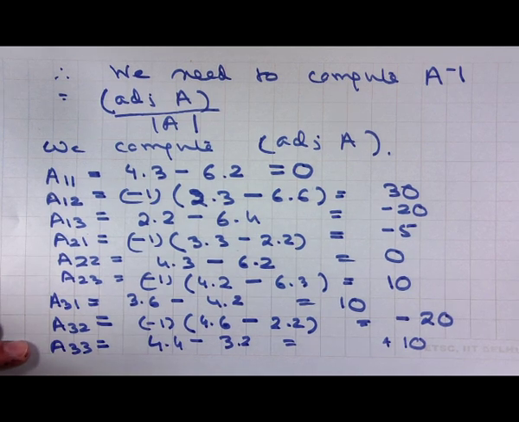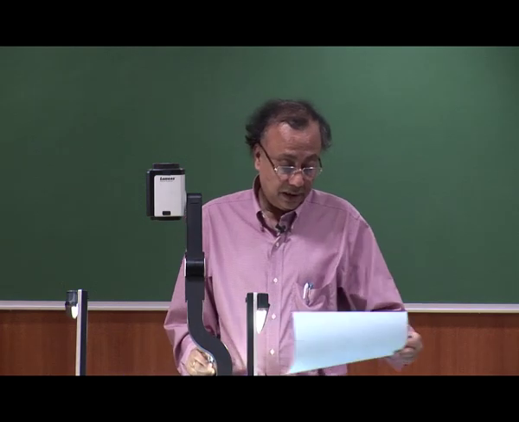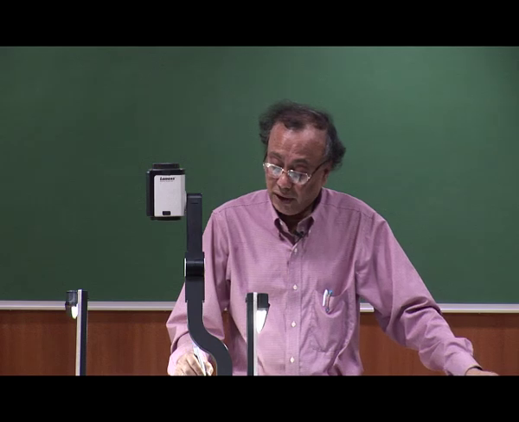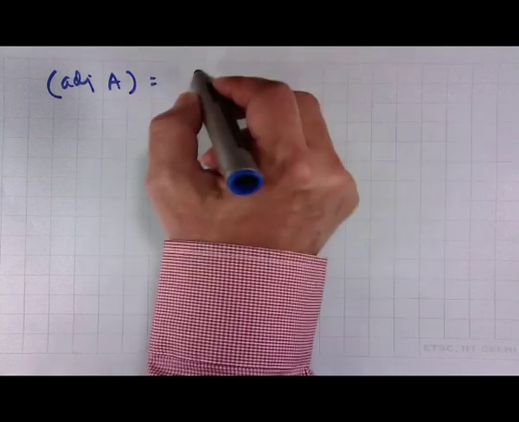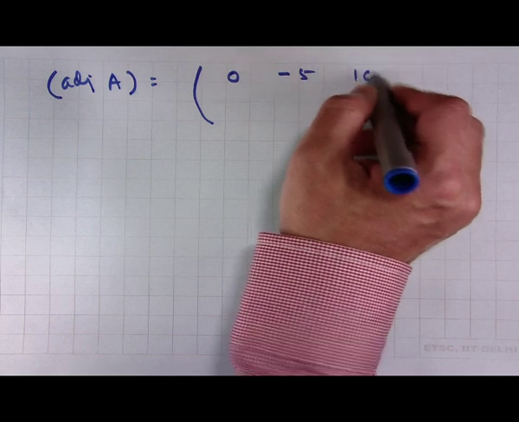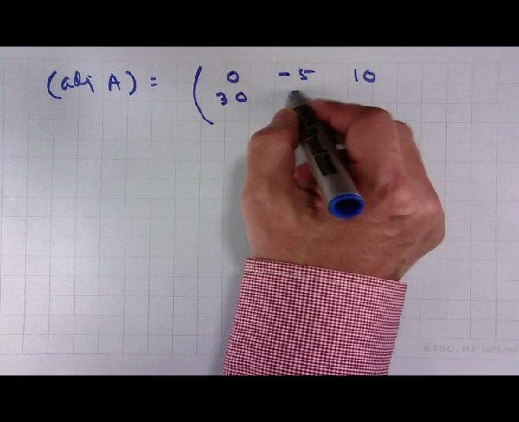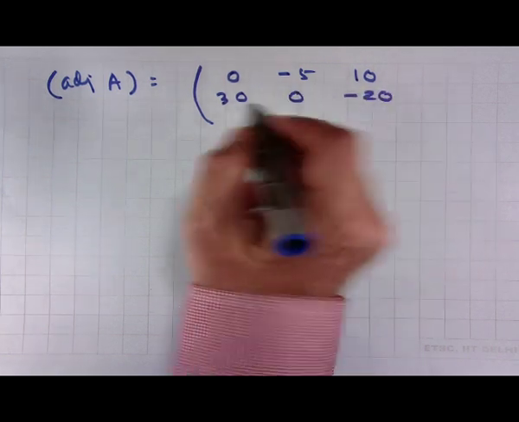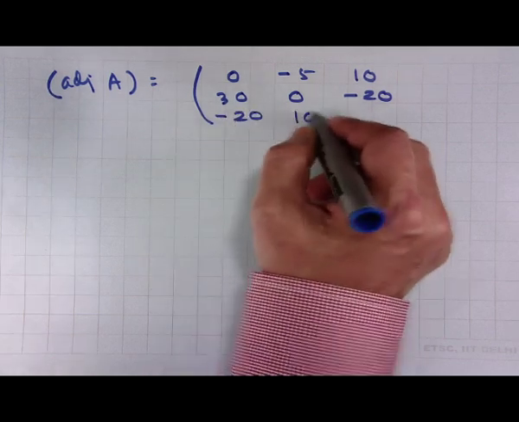So, once we obtain the cofactors, we can write the adjoint of A as [0 −5 10; 30 0 −20; −20 10 10].